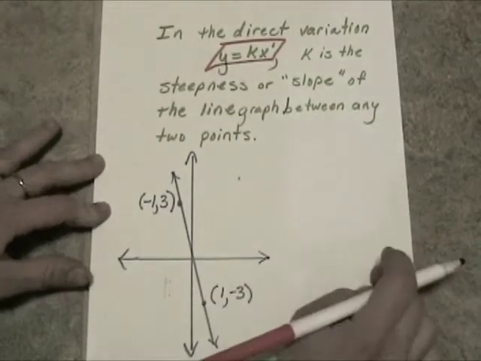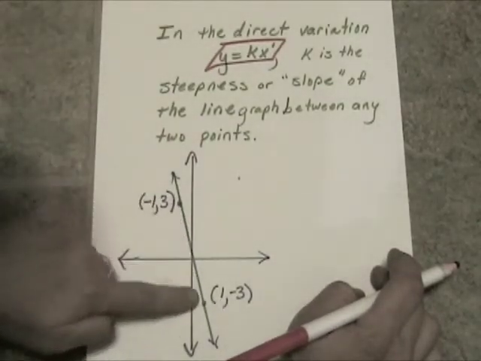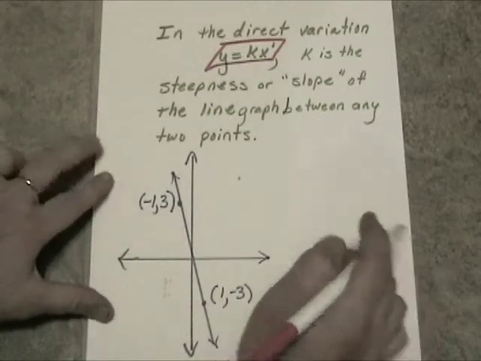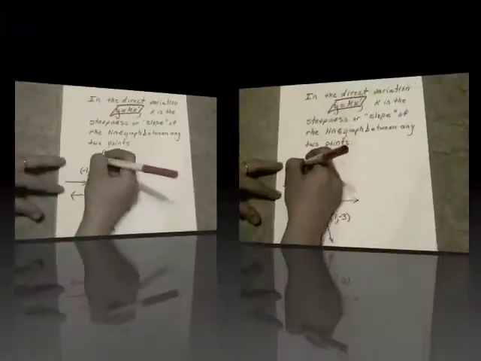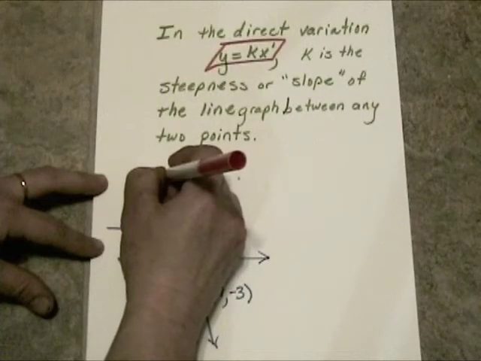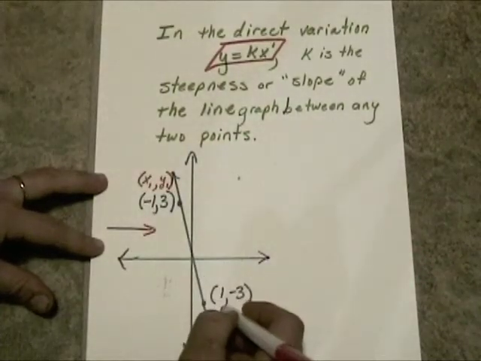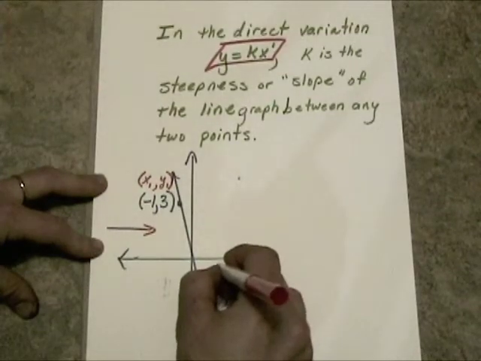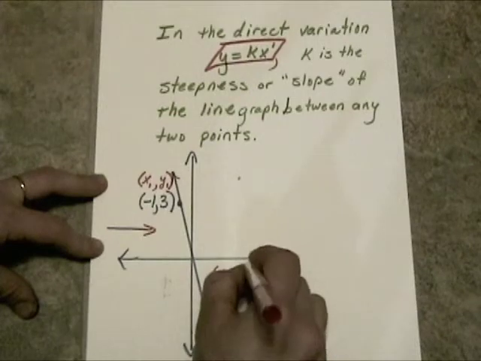As we read from left to right, the first of these 2 points that we see will be the -1, 3. So, x sub 1, y sub 1. And then the second point we refer to as x sub 2, y sub 2.